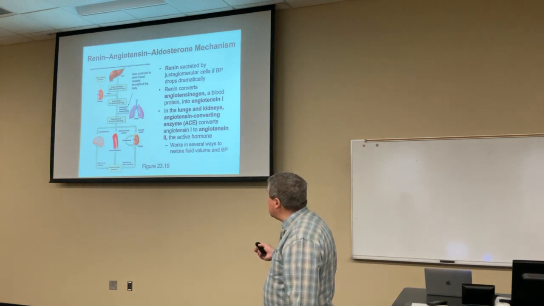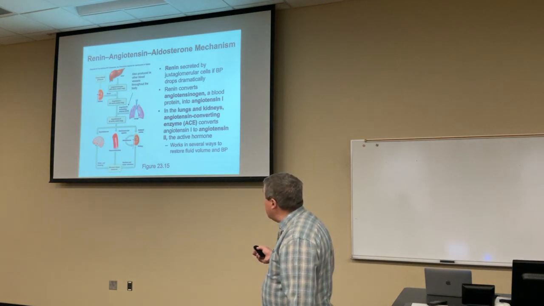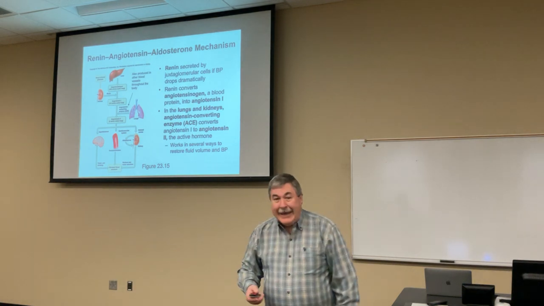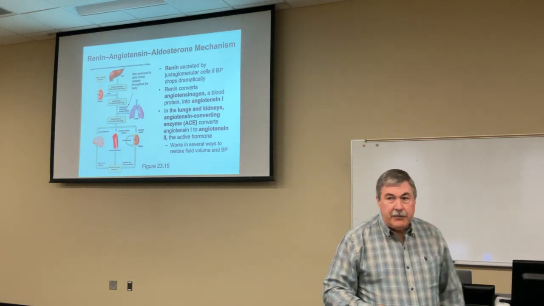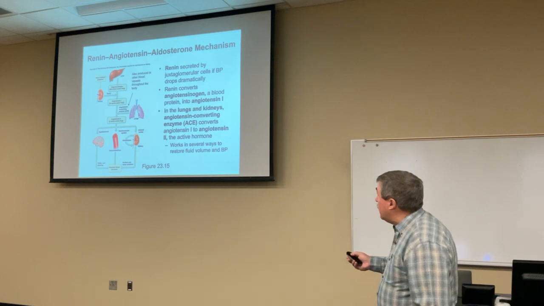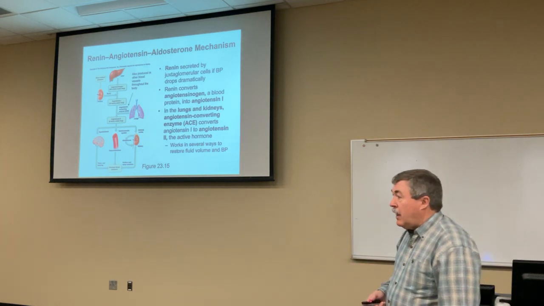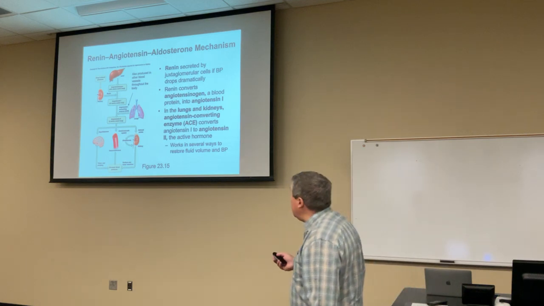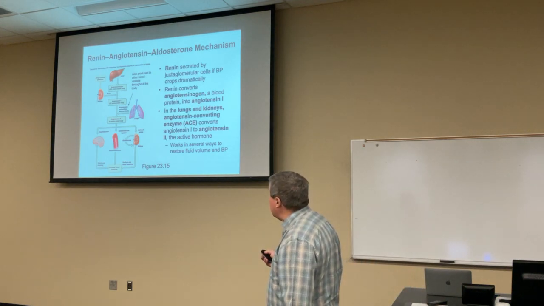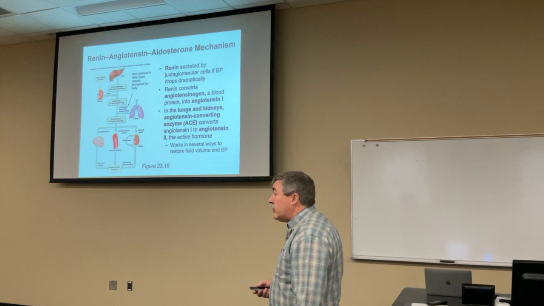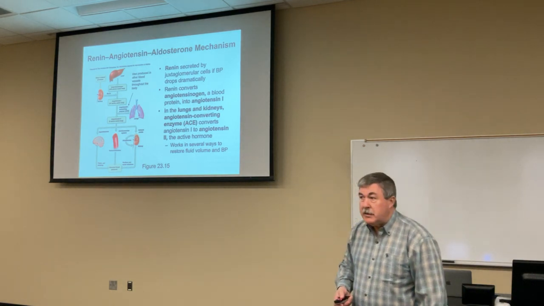So the way this works is the liver produces an inactive enzyme, or a proenzyme, called angiotensinogen. And that protein is continually secreted by the liver into the plasma of the blood.